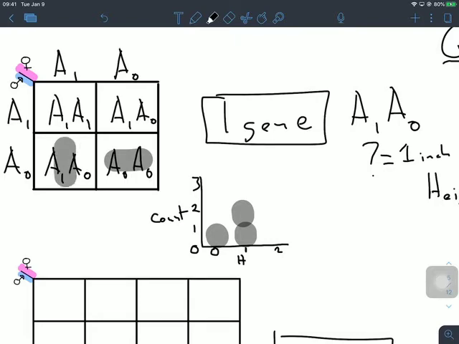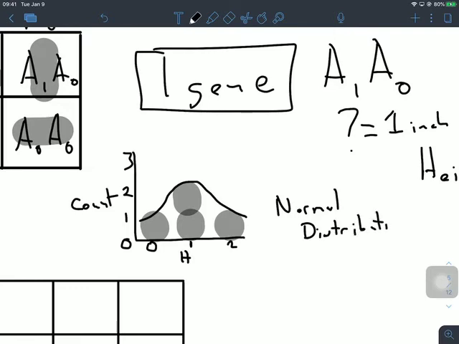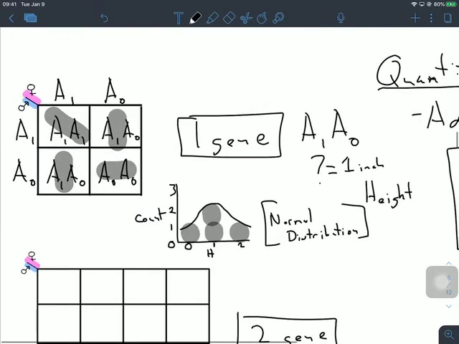These two are your heights of 1, and this is your height of 2. Do you notice the shape of this? Additive traits follow a normal distribution. And most things in nature abide by this normal or semi-normal distribution.